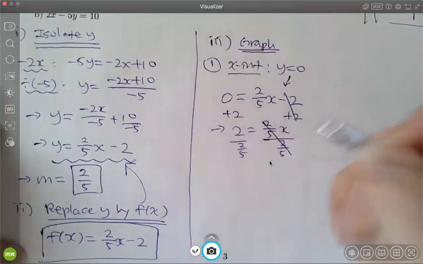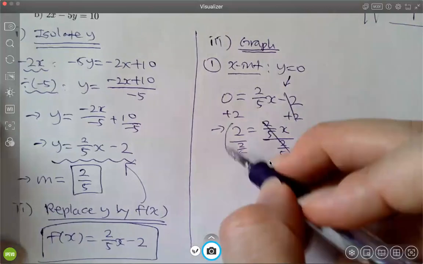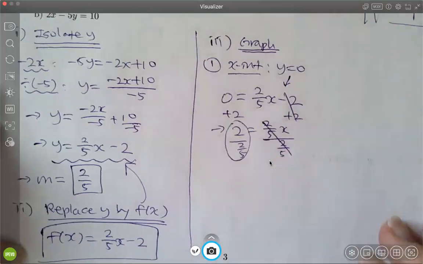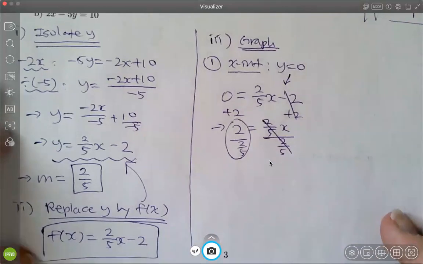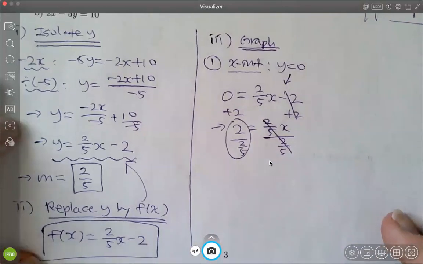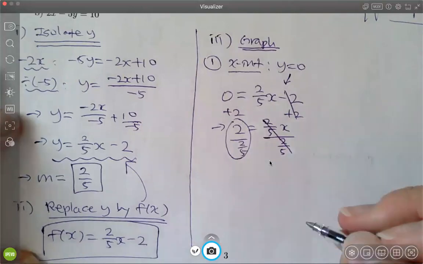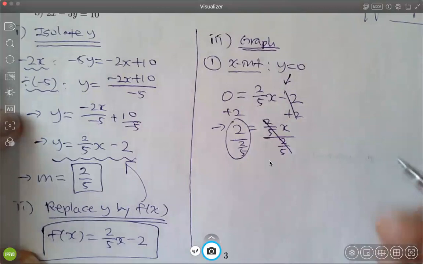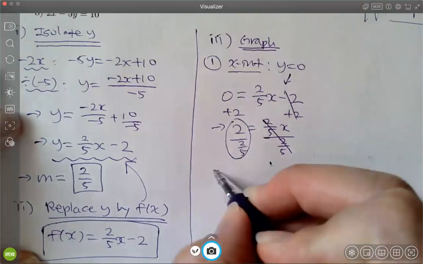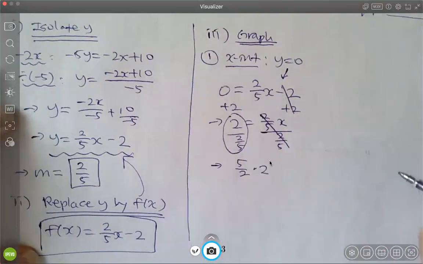Okay, and now how do you simplify 2 over 2/5? We have seen this kind of fraction before, maybe once. Do you remember how to simplify? Multiply by 5/2. Right? So this means 5 over 2 times 2, right? Yes. Okay, and what does that mean?